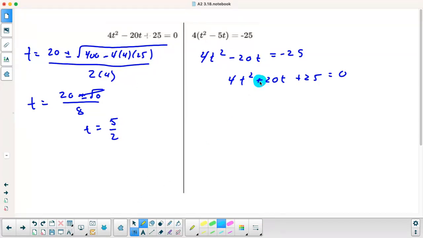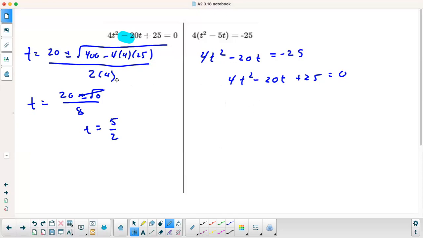If you look here, and let me check the book here. Oh, I see what I did. I just made a little mistake here. I don't know why I made that a plus 20.